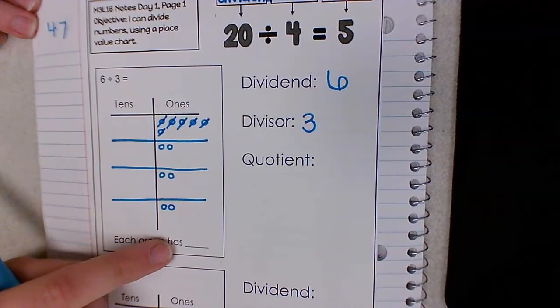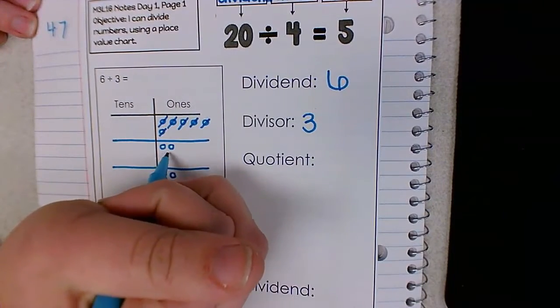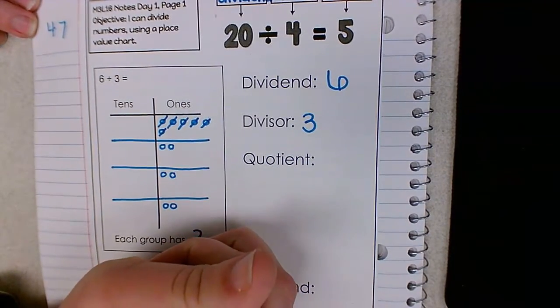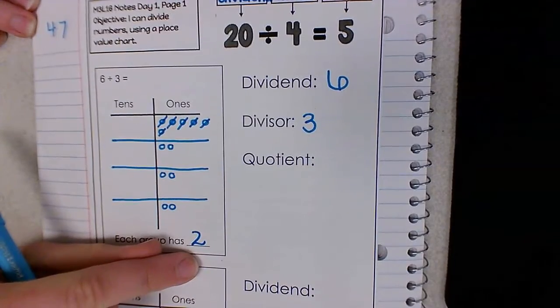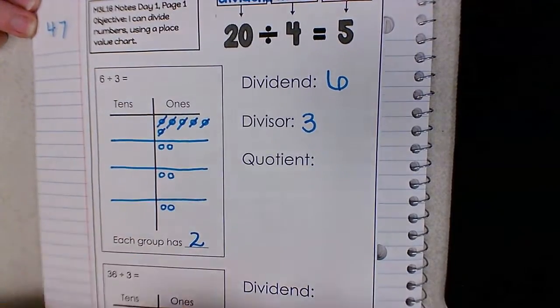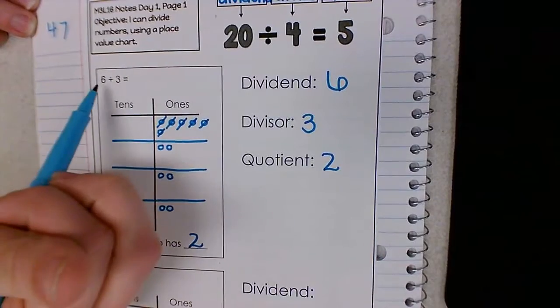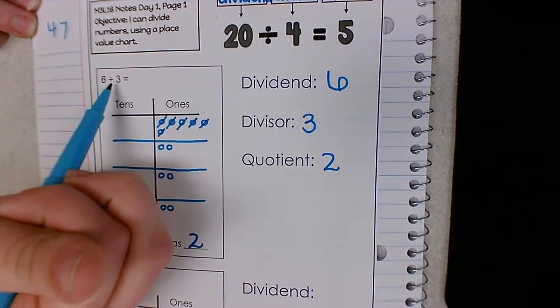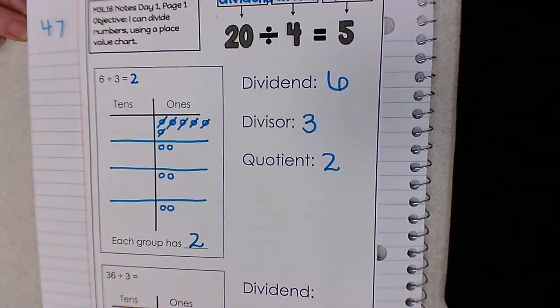Each group has how much? Each group has 2 ones. 2 is our final answer. It's our quotient. If I divide 6 into 3 equal groups, I get 2 in each of the 3 equal groups.